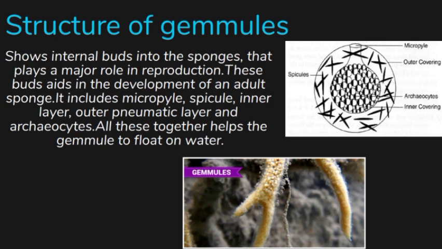These internal buds give rise to a new sponge, and the structure includes the micropyle, spicule, inner layer, outer nematic layer, and archaeocytes. All these together help the gemmules to float on water. These layers help the gemmules to float on water for reproduction.